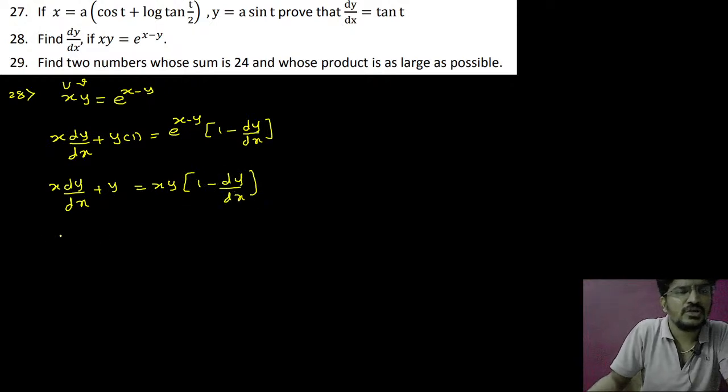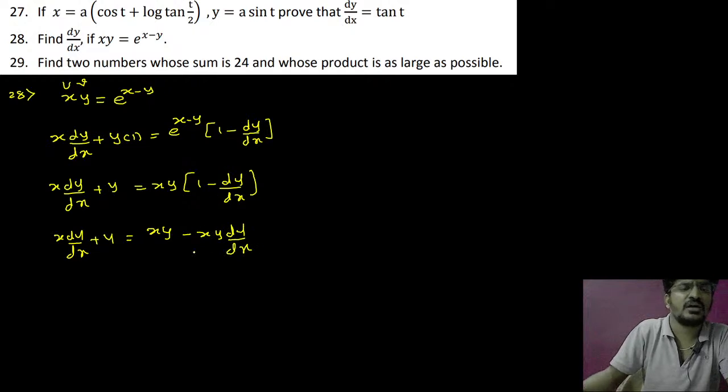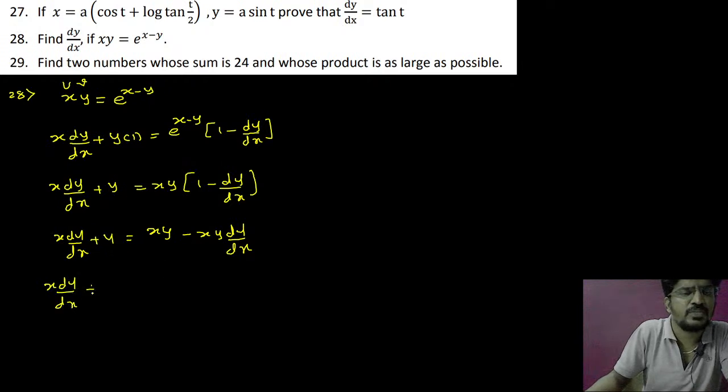So now x into dy by dx plus y equal to xy into 1 is xy, minus xy dy by dx. Okay. So take the dy by dx terms on one side, that will be x into dy by dx plus xy into dy by dx equal to xy minus y.